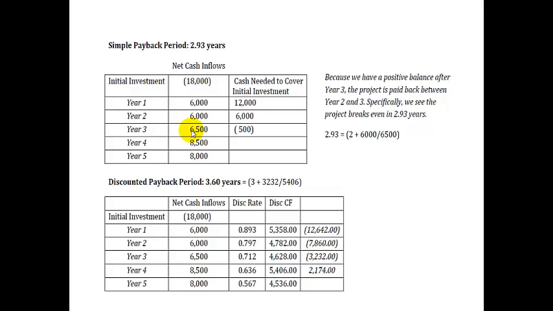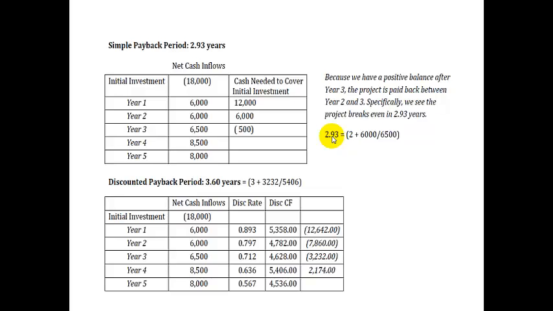So it's 2 years and something. So over here, I know that in the 3rd year, I need to recover $6,000 of the $6,500 that I will earn in that entire year. So what fraction is 6 over 6,500? It's 0.93. So using simple payback, it tells me some number of years before I get that initial investment back.